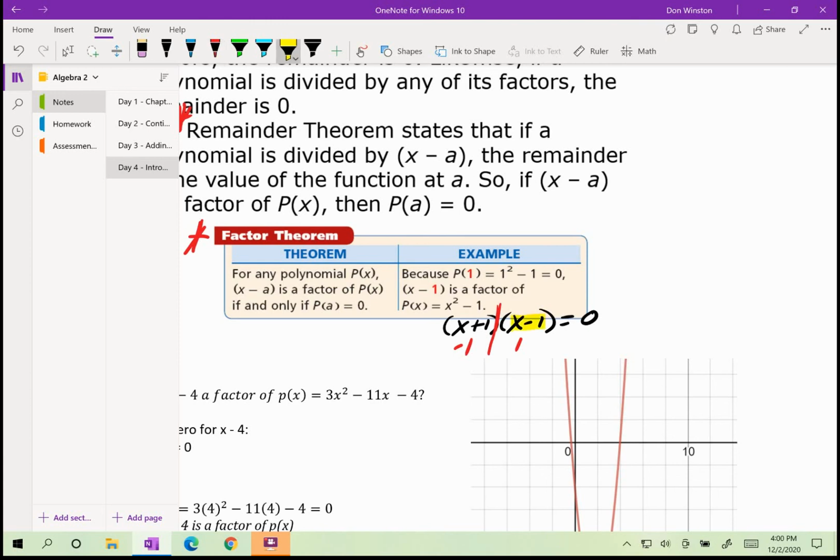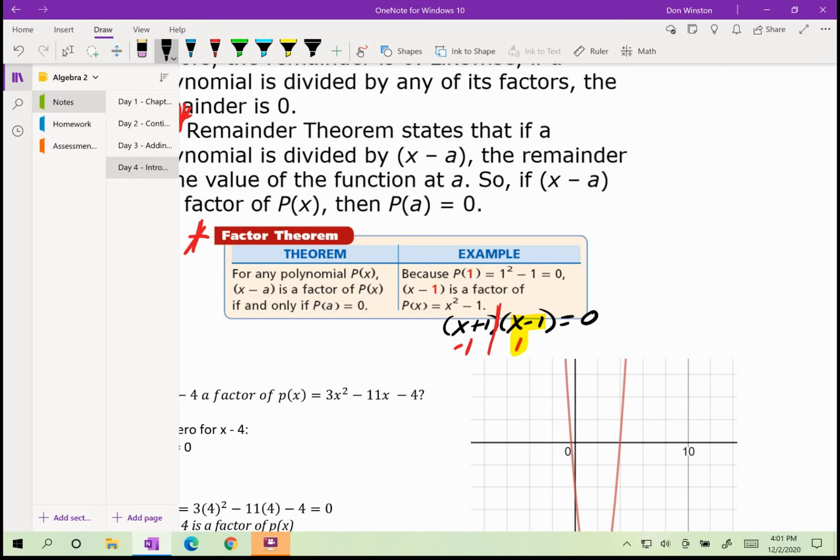Well, my 0 for x minus 1 is 1. So all the theorem says is this: if I take that 0 and substitute it into that polynomial, and if I get 0, that means the factor for that 0 was a factor of the polynomial. So p of 1 is equal to 1 squared minus 1 equals 0, so x minus 1 is a factor of x squared minus 1.